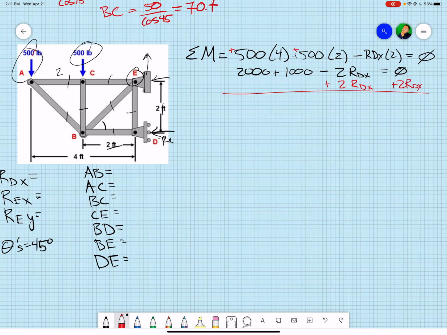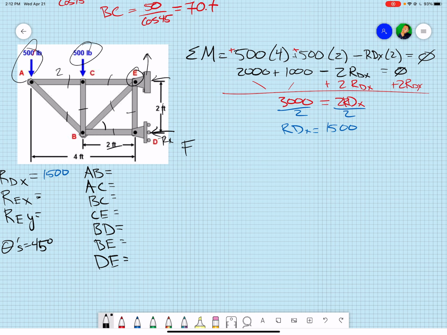All right, and I'm going to add these two together, and I have 3,000 is equal to 2 RDX. I'm going to divide both sides by 2. And I get RDX is equal to 1,500. Cool. All right, there we go. I got one down, 1,500. Great.